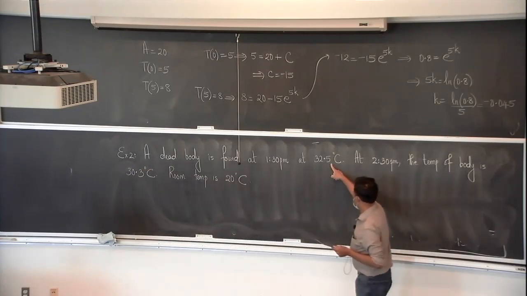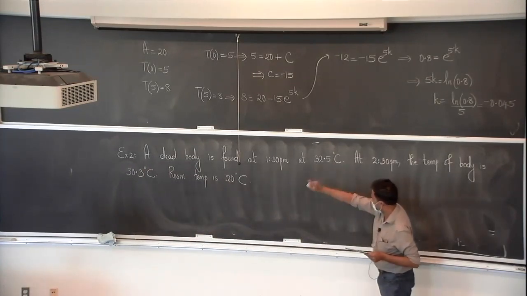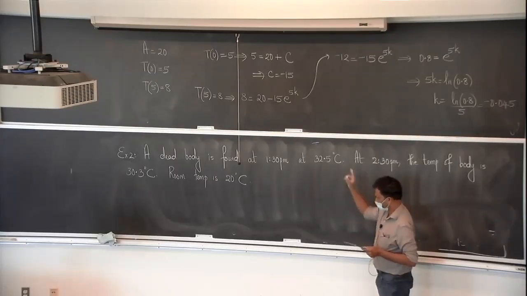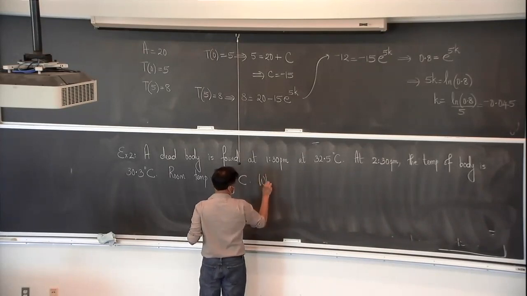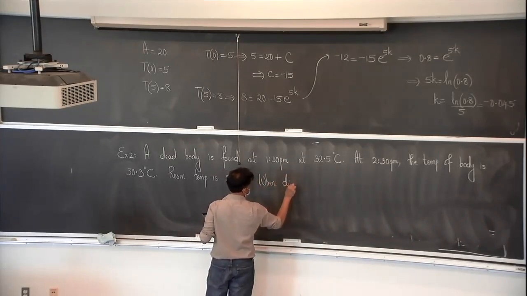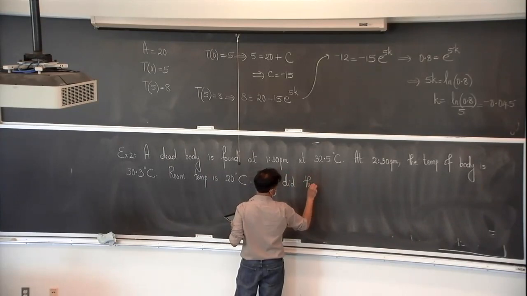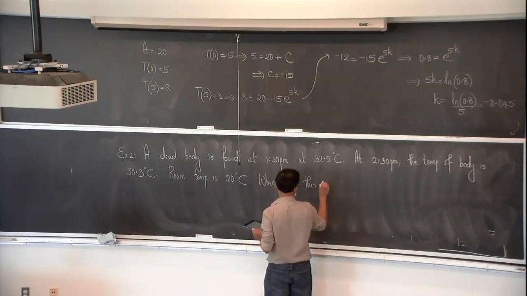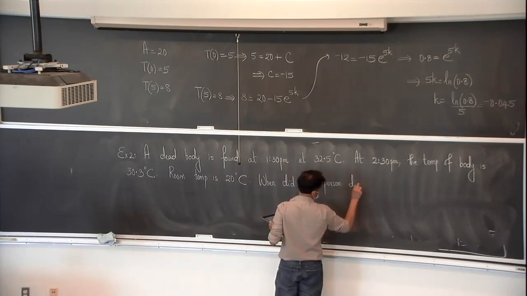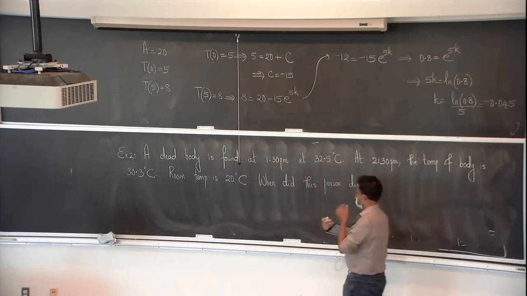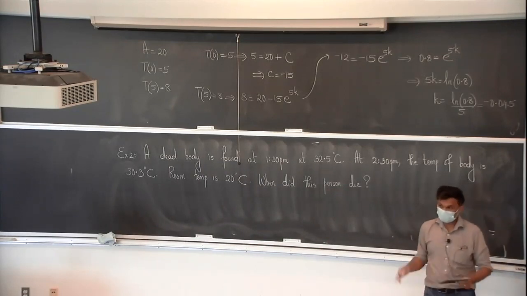So the dead body is found at 1:30 p.m. at this temperature. An hour later, it's cooled down. The room temperature is fixed. When did this person die? Or at what time did the death occur? Now, I don't know if the problem is complete.